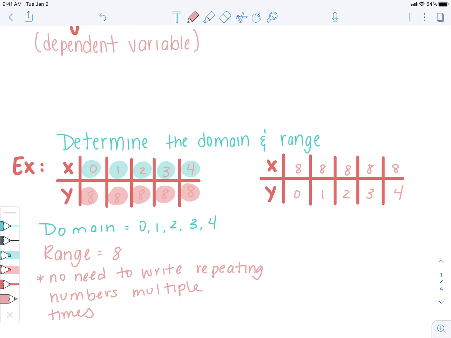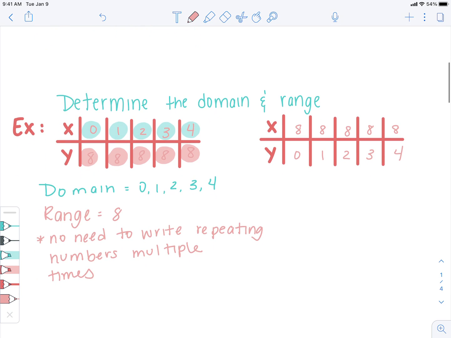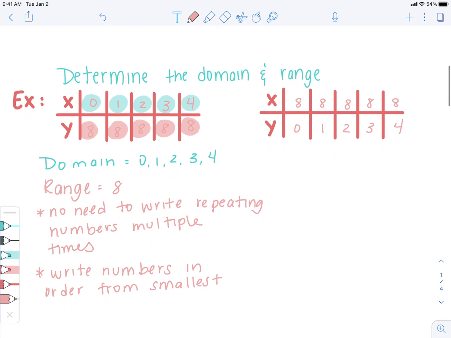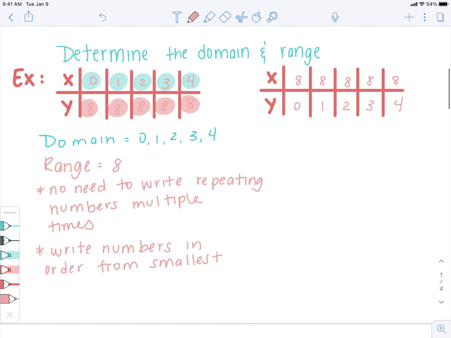The other thing I want to make sure I'm doing is writing my numbers in order, just so that it's organized and easier for other people to read my work. So I also want to write my numbers in order from smallest to largest.